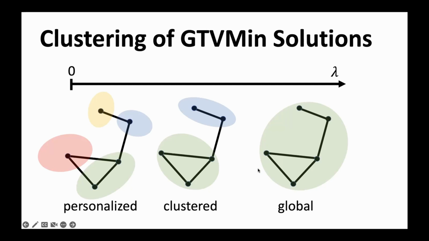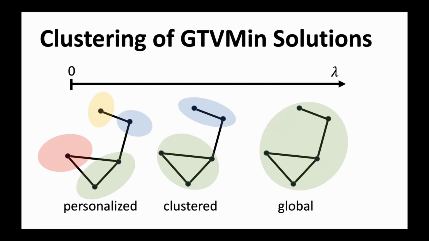So this green box here indicates the subset of nodes over which the learned parameter vectors will be approximately constant. And the larger you make the lambda, the larger the clusters become over which the learned parameter vectors are constant.